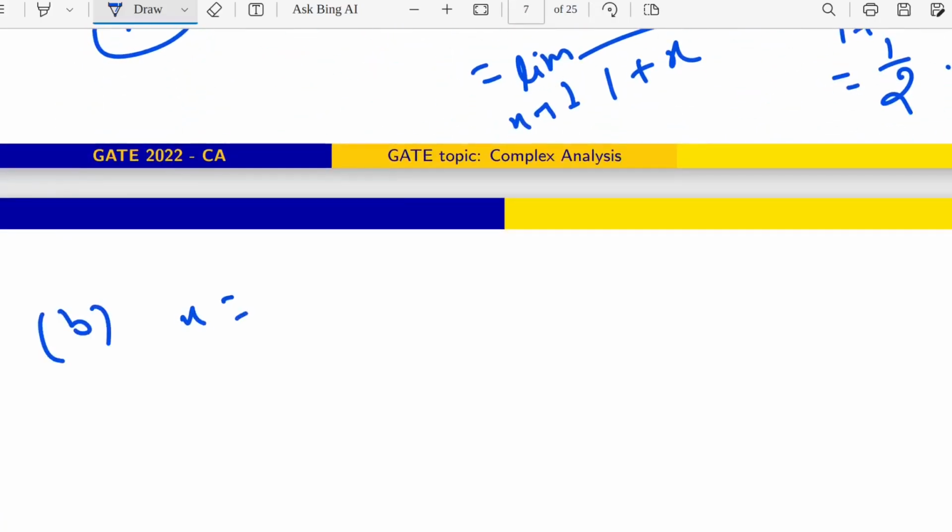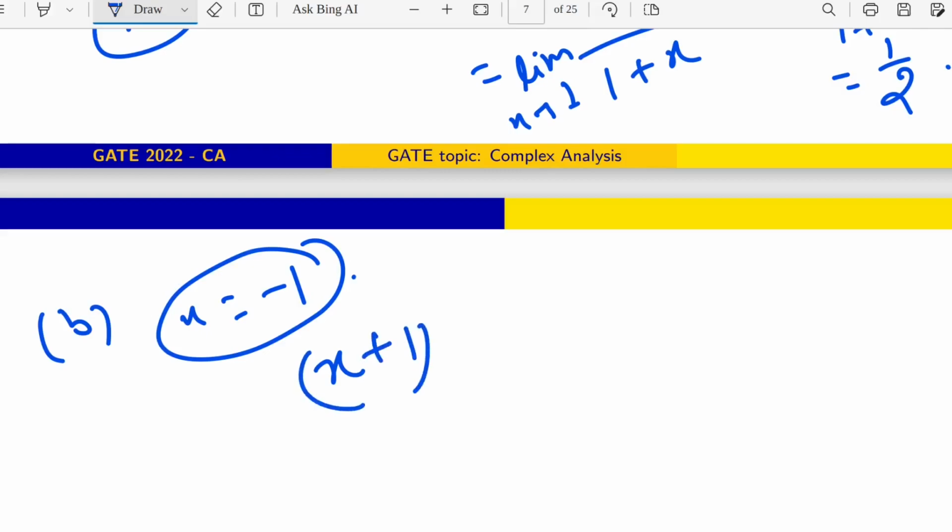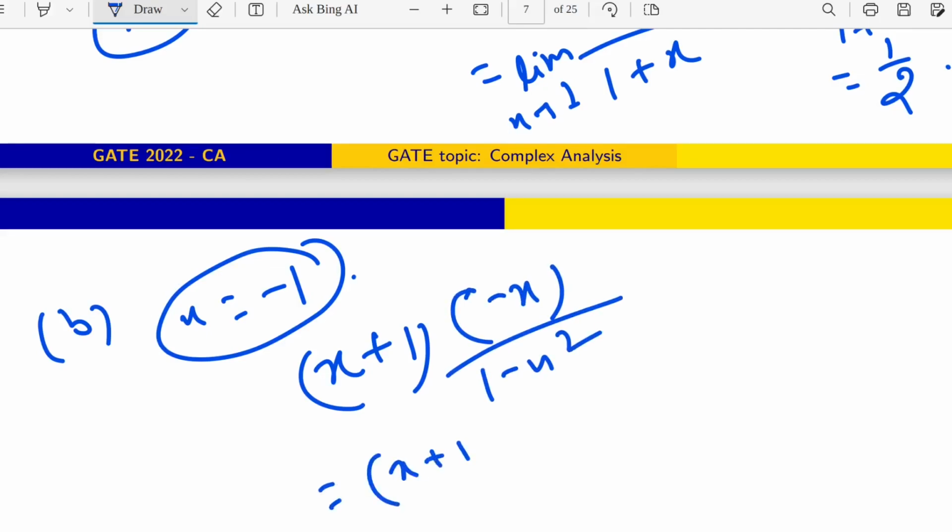So what about the x equal to minus 1 point? Similarly, I am calculating for P1x. For x equal to minus 1, I multiply by x plus 1. Then minus x over 1 minus x square, which is x by (x minus 1)(x plus 1), and you can see the x plus 1 cancels out, leaving x by x minus 1.